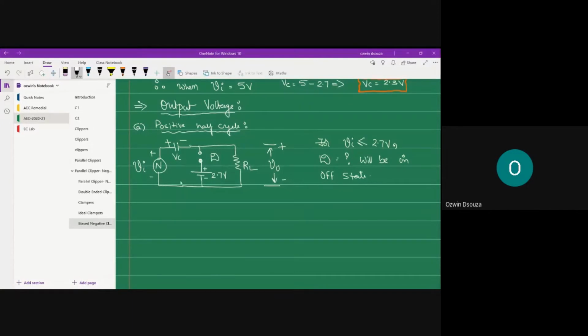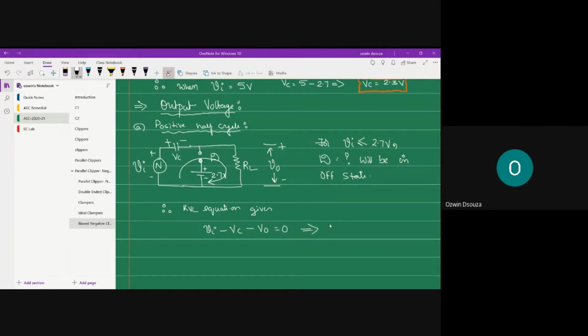Therefore, KVL equation gives, this is the direction in which you are supposed to apply KVL: VI minus VC minus V0 is equal to 0.